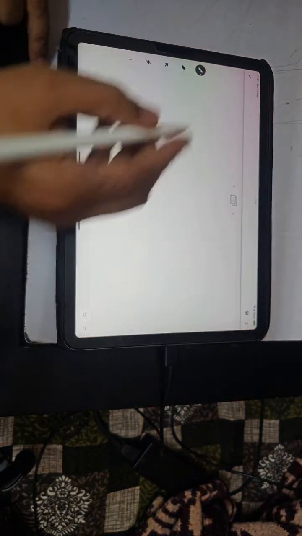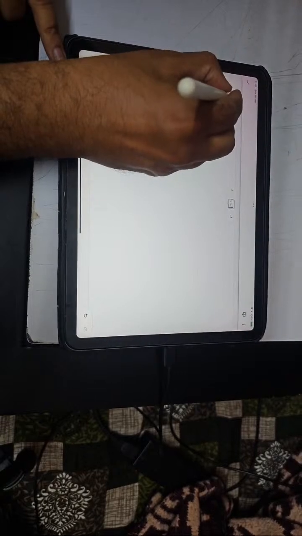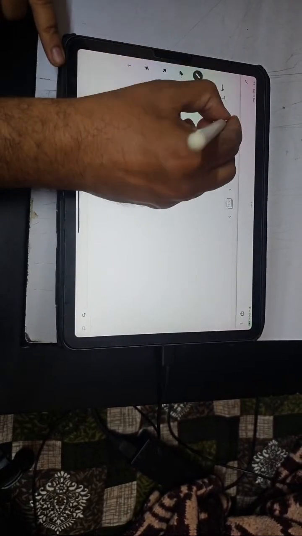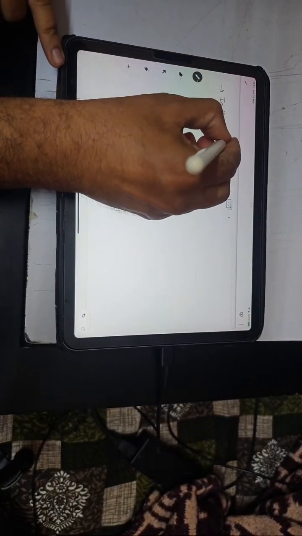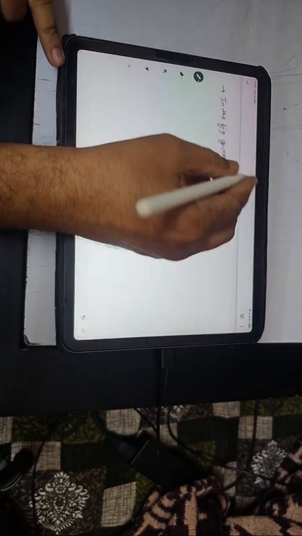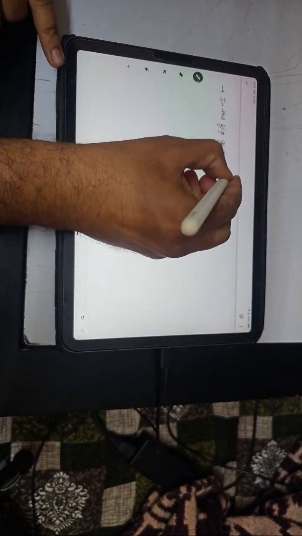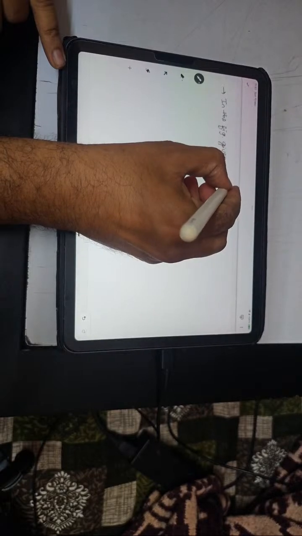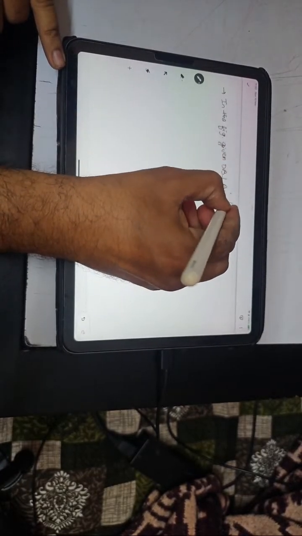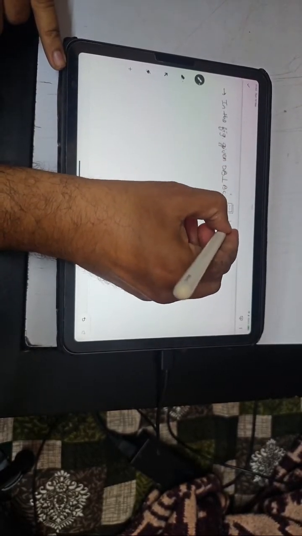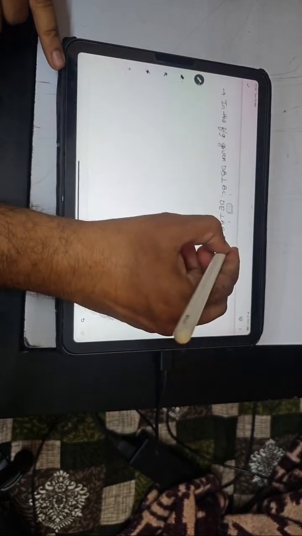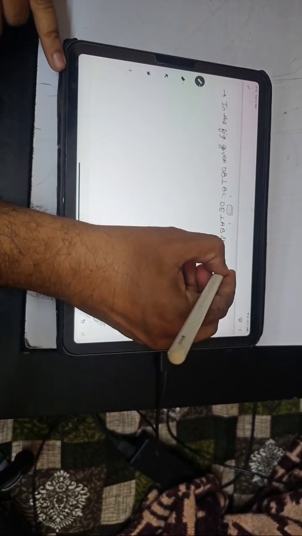So the first one is, in the figure given, DB perpendicular to BC, DE perpendicular to AB, and AC perpendicular to BC.